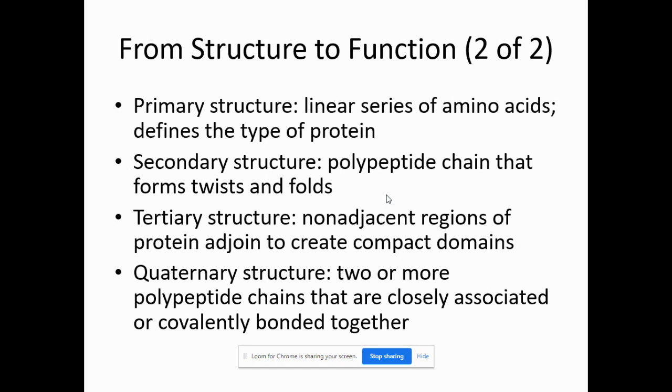Then the next level up is the tertiary structure. The tertiary structure is non-adjacent regions of proteins that join to create compact domains. And then the highest level of protein structure is the quaternary. These are two or more polypeptide chains that are closely associated or covalently bonded together.